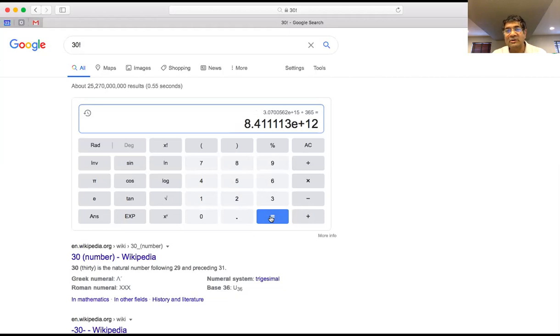And so we're looking at in excess of 8 trillion years to actually do this. I hope you agree this is not a worthwhile strategy.